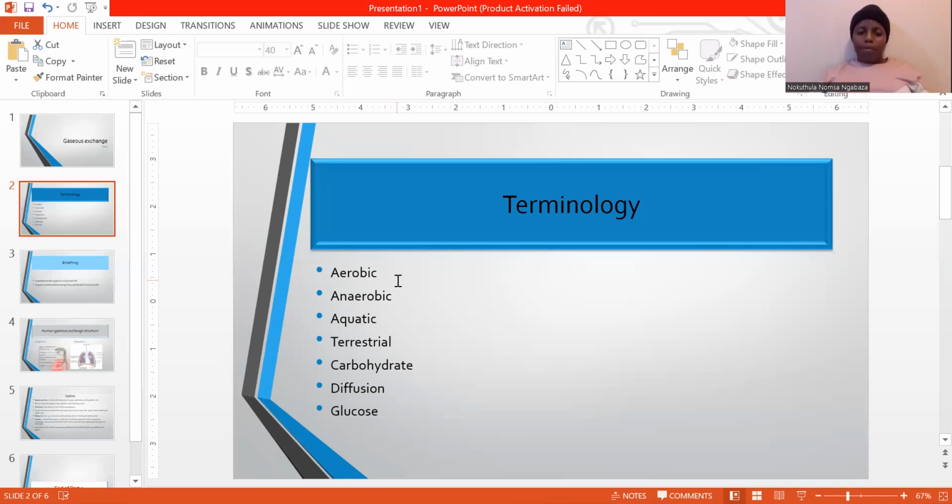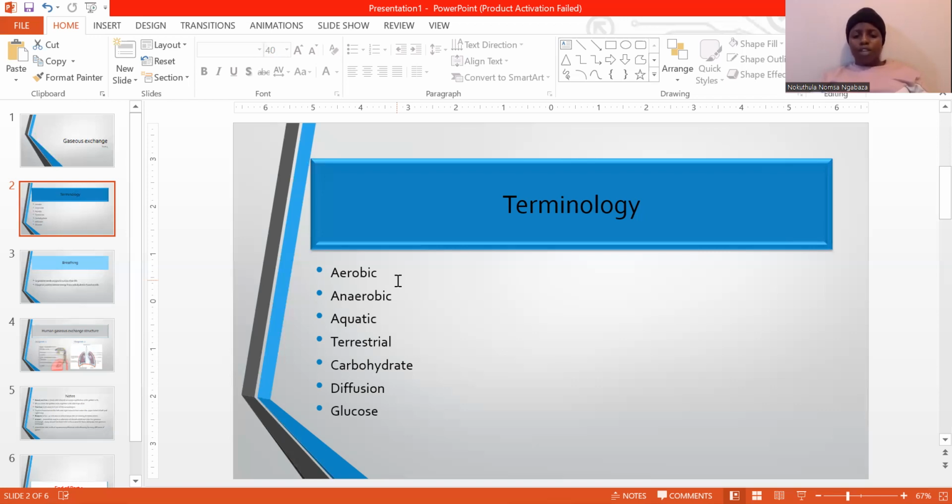And then we have carbohydrate. Again, carbohydrate, I believe we're all familiar. If you've forgotten, I'm still going to remind you. When it comes to carbohydrates, these are the organic compounds that include your glucose, your sucrose, and your starch.